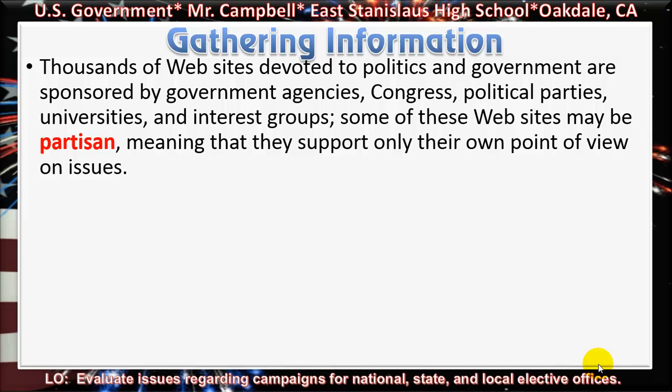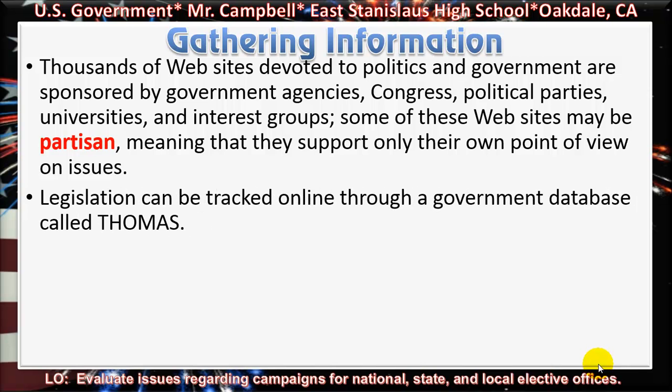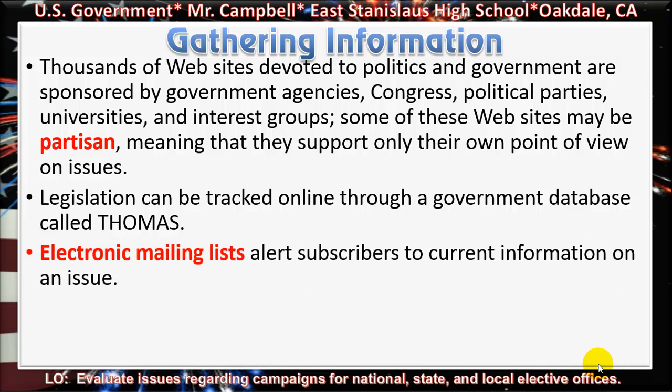Gathering information. Thousands of websites devoted to politics and government are sponsored by government agencies, Congress, political parties, universities, and interest groups. Some of these websites may be partisan, meaning that they support only their point of view on issues. Legislation can be tracked online through a government database called COMIS.